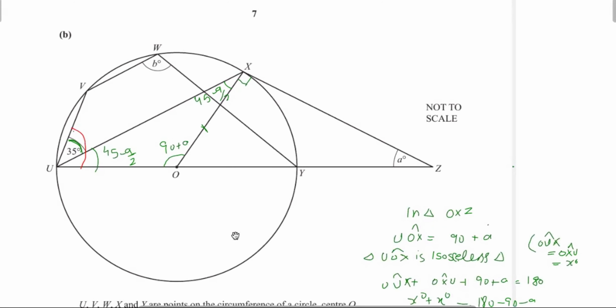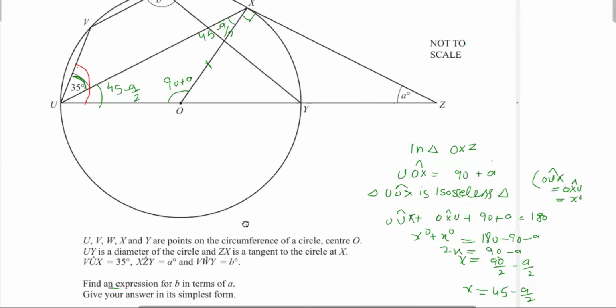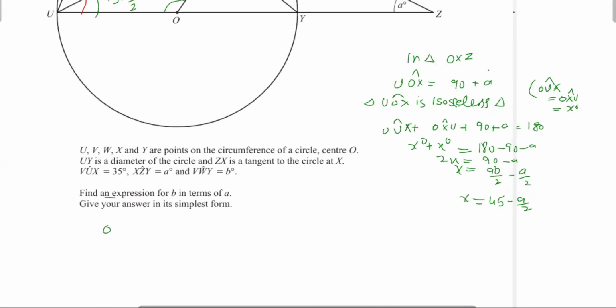Now you see here UVWY is a cyclic quadrilateral. In a cyclic quadrilateral, diagonally opposite angles are supplementary. Therefore, angle UVW plus angle YWV equals 180. We write OUV plus YWV equals 180.